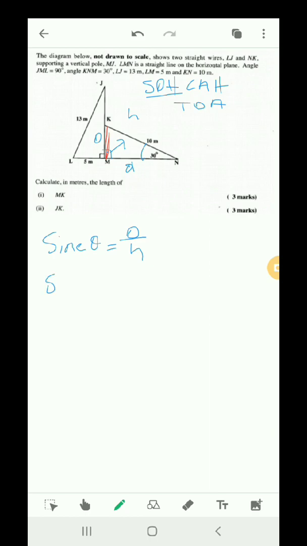So our angle here is 30 degrees, so we put 30 degrees in place of theta there. Right, so we have sine 30 degrees.